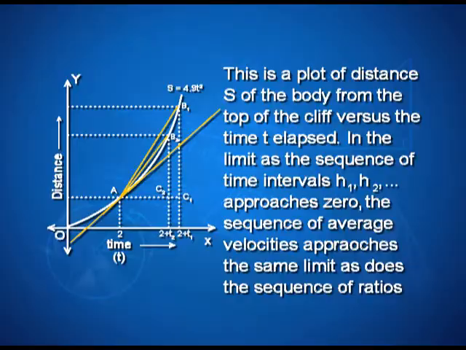You can see the figure here. This is your time axis taken as x axis, and this is the y axis showing you the distance, and this is the graph of s equal to 4.9 t square. We have studied the position of the body at 2 seconds, and it is denoted by point A, and at 2 plus h2 seconds the body has covered the distance of B2, and similarly 2 plus h1 gives you the point B1.